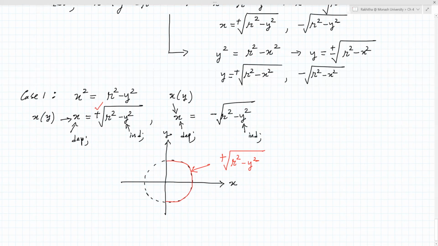When y is changing from 0 to negative, when y goes that way, we are still talking about the negative x, right? So that means that equation shows you this. So the equation of this half circle would be minus the square root of r squared minus y squared.